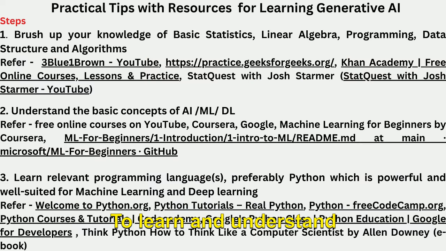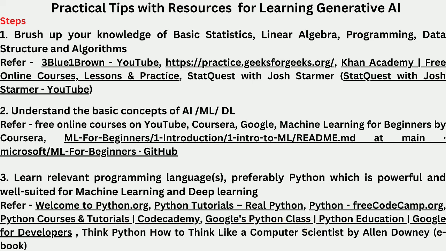To learn and understand generative AI, it is essential to practice and implement the concepts. I am providing some practical tips along with the corresponding resources. I am now going to discuss 8 useful steps that need to be followed along with the help of the referred resources. Step number 1.